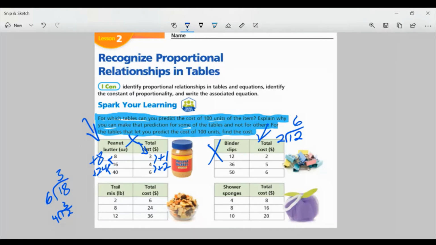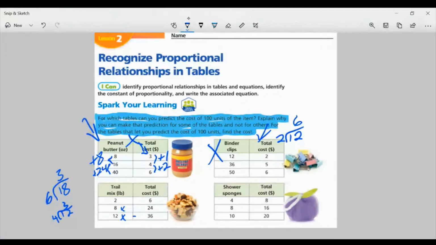If I looked at it from just 2 to 6, if I divided 6 by 2, I would get 3. Same thing with 8 and 24. 8 times 3 equals 24. 12 times 3 equals 36. Right? So this has a constant rate.